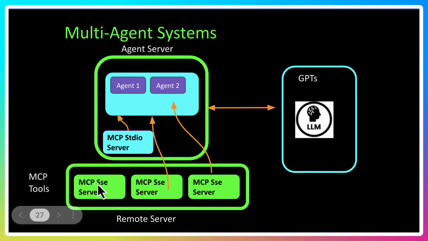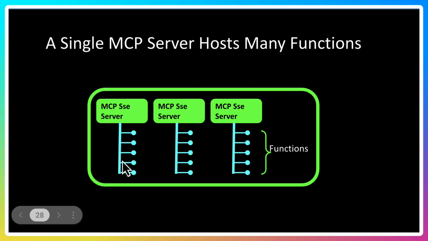So these servers can exist either within the same container or can run on a totally separate machine. And to access these, we'll need to develop a client over here that can talk to these servers. But there are standardized clients. So this would be a fairly complex system here with these serving up lots of functions. So here I'm just showing these little blue dots as being an individual function. And basically, it's these functions that are given to the LLM. The LLM doesn't see these MCP servers.